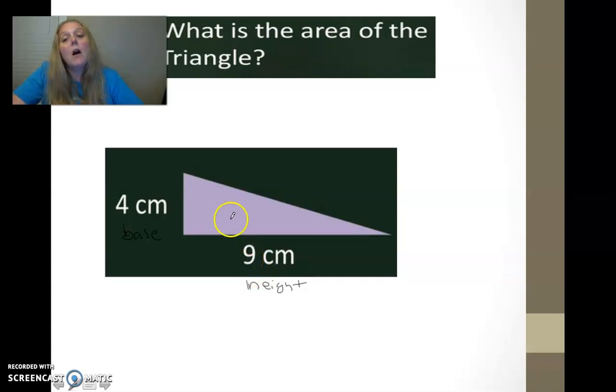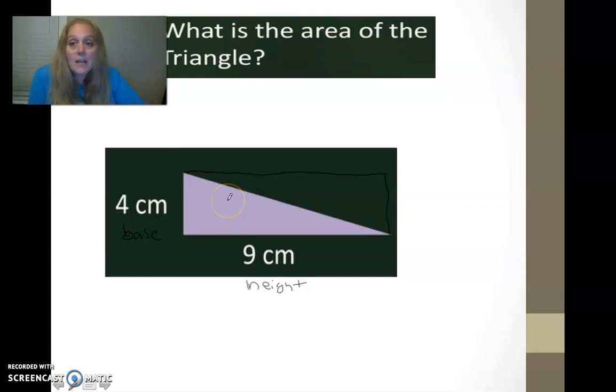You can also look at this and think, I can actually draw what that rectangle would have looked like if it weren't split into that right triangle. So you can see that this would have been the original rectangle before that right triangle was cut from half of that rectangle.